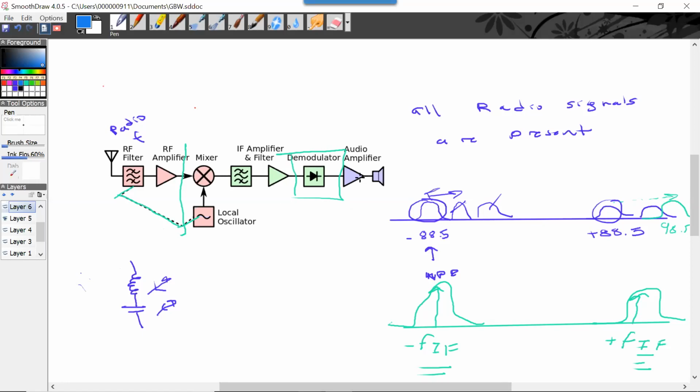That means this part never has to change, right? I can design these components and they never change. And then I just need a tuner here and this here. That multiplier would be the same, RF amplifier the same. So it makes it a lot cheaper. If you did it the other way, you'd have to tune everything for every channel.